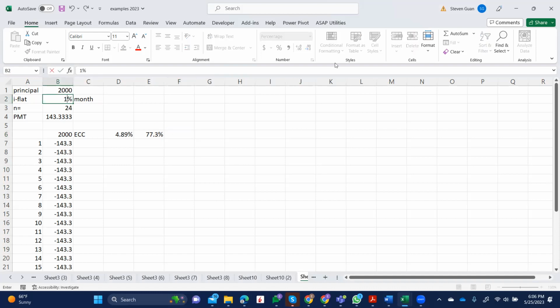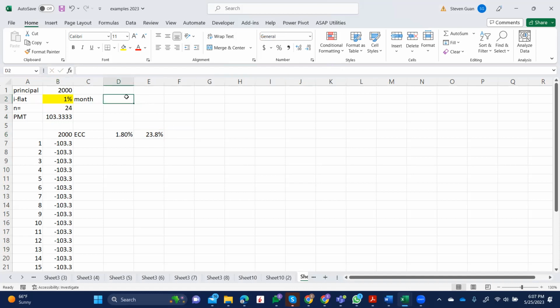But take a look at what happens if I tell you, and this is what I would be advertising, guys: hey guys, you're going to be paying only 1% per month. But I compute my payments not using the normal payment that we compute with the compounded interest rate. Then you can see, even at 1%, I'm going to be paying 23% per year.